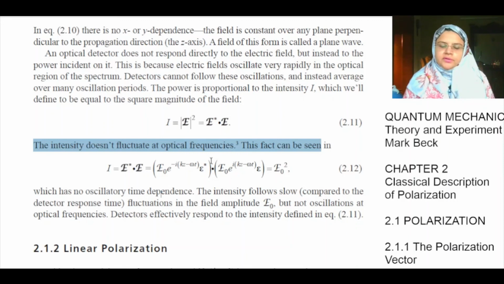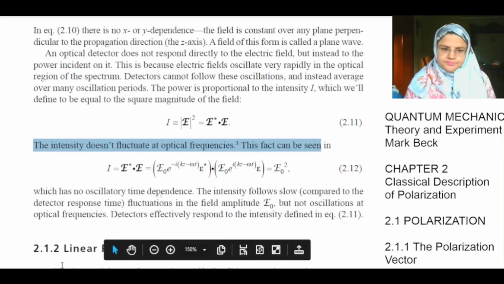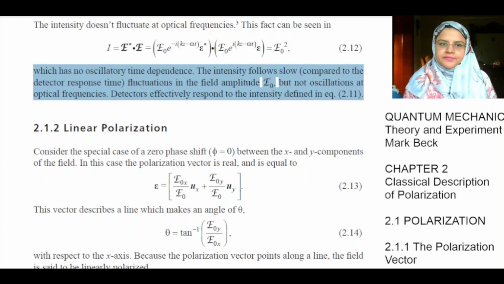The dot product of epsilon conjugate with epsilon is equal to 1, and e^(-i(kz - ωt)) times e^(i(kz - ωt)) is equal to 1. Therefore, we are left with E naught squared, which has no oscillatory time dependence.